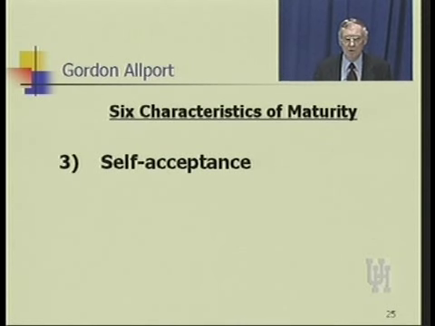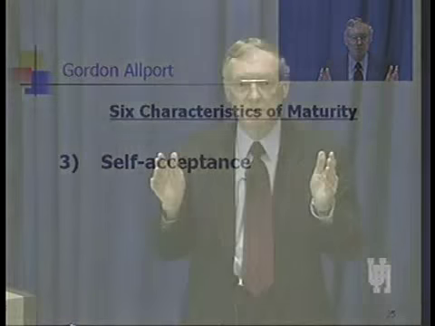Other people in this category, what Allport would say are mature, and maybe in the same religious group, could say, this is the way we do it. More importantly, this is the way I do it. Other people do it differently. That's okay. I don't need to pass judgment on other people.